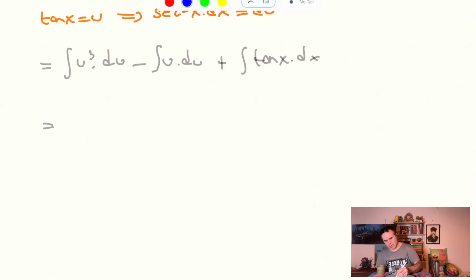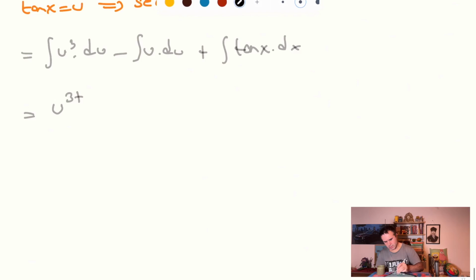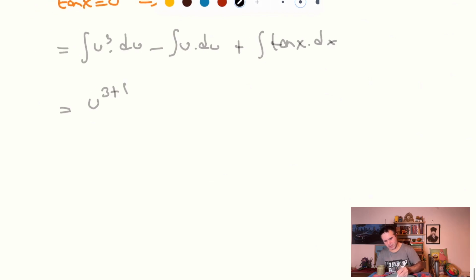To integrate this, add 1 to the power: u to the power 3 plus 1, and 3 plus 1 is 4. Then divide by 4, minus u has power 1, and add 1 to the power, 1 plus 1 is 2, and divide by 2, plus the integral of tangent x.